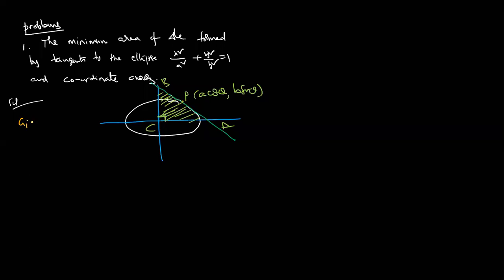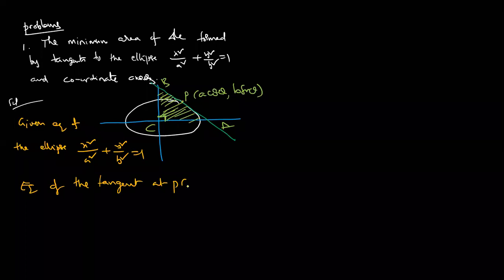Now, given the equation of the ellipse, the equation of the tangent at P of theta is, what is the answer, anyone? X1 by a square, that means x cos theta by a, plus y1 by b square, that means y sin theta by b, is equal to 1.